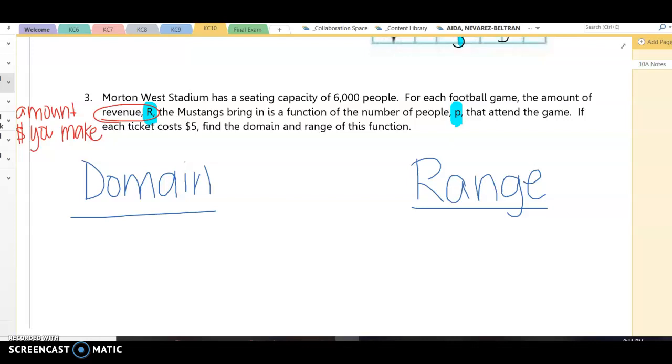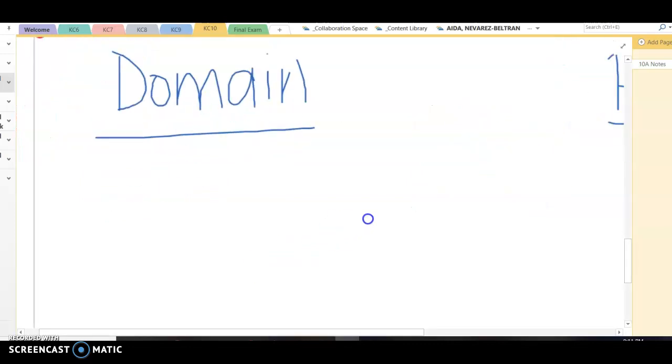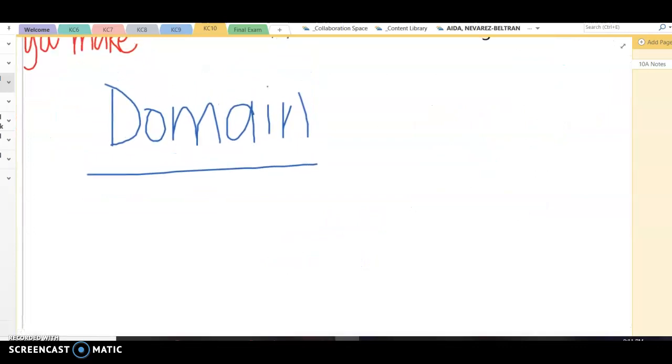That second one makes a lot more sense, right? The number of people that come will determine how much money Morton makes. You wouldn't be able to decide how much money they make before you actually count up the number of people that went. So the domain is always your independent variable.